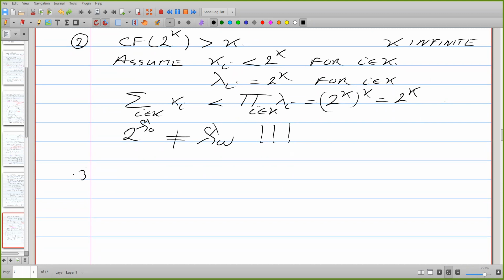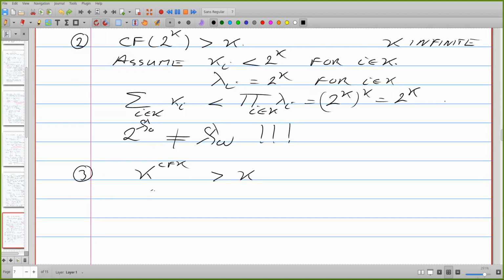Another one that we saw a few moments ago is that kappa to the cofinality of kappa is bigger than kappa itself.